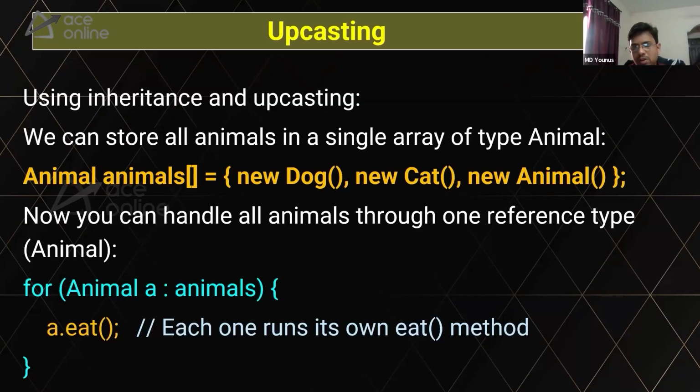Now I wanted to wait here and see if we have any questions on the advantage of upcasting. If at any time you get the question, advantage of upcasting, you can just take this example.